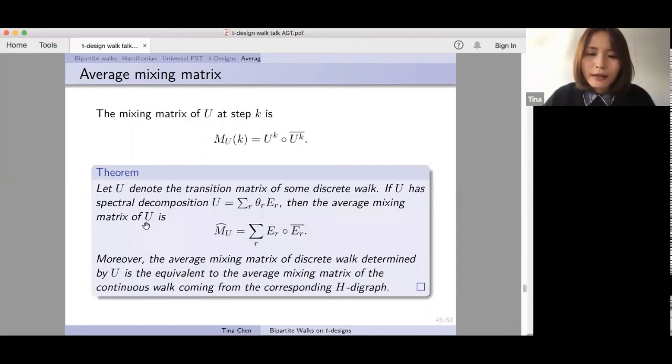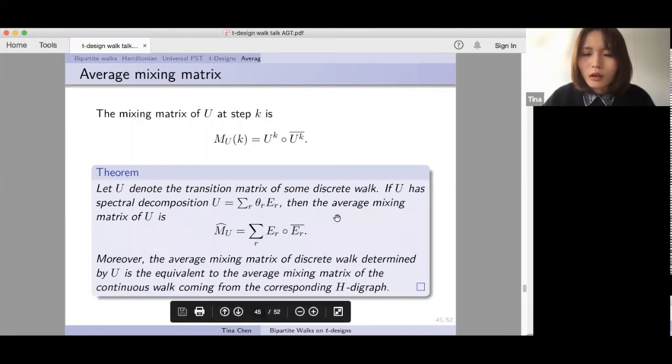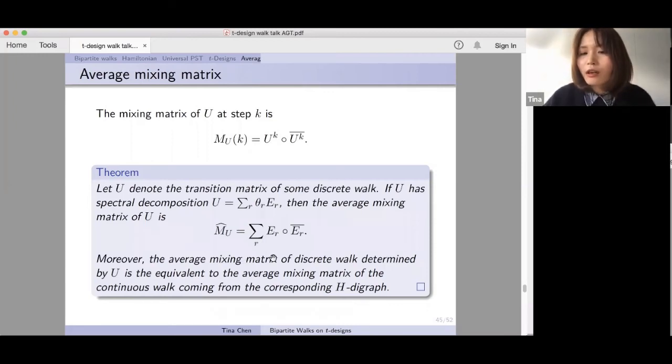And here I can develop a formula for the average mixing matrix. It can be written as the sum of E_r Schur product with the complex conjugate of E_r.